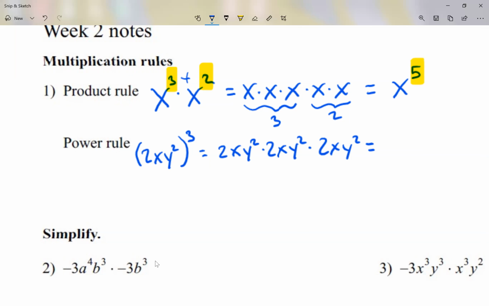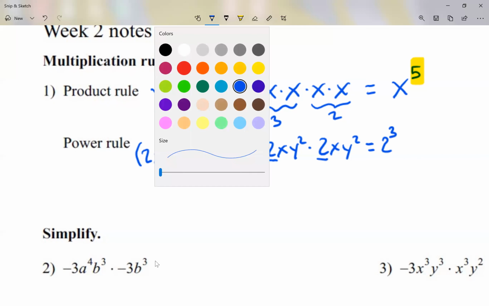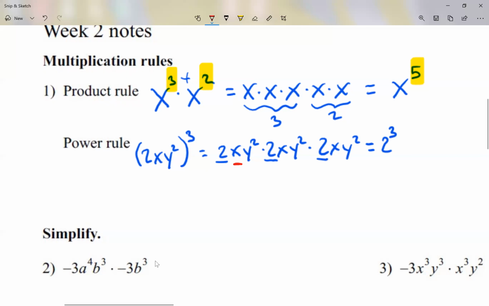But then I know how to multiply. I look at my whole numbers here, 2 times 2 times 2. For right now, let me just call this 2 to the third. Basically, I have 2 3 times. Then I take a look at my x's. I see there's one x, there's another x, there's another x.